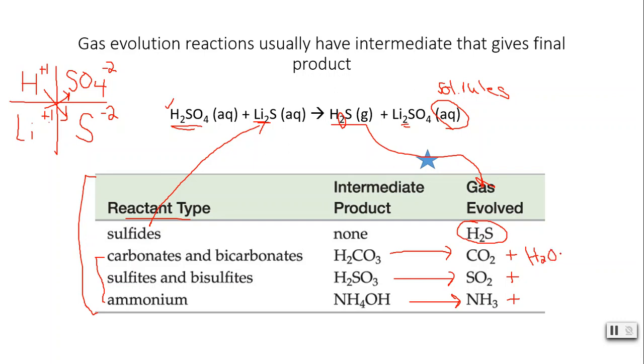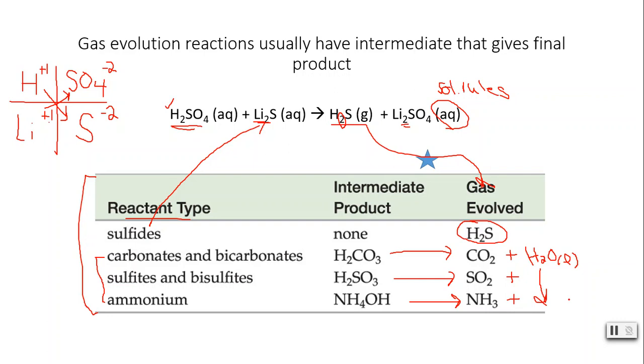Okay? So for the carbonates and the bicarbonates, along with the sulfites and bisulfites and ammonium, the gas that is evolved is the one that's listed here, but you are also going to produce in your reaction liquid water.